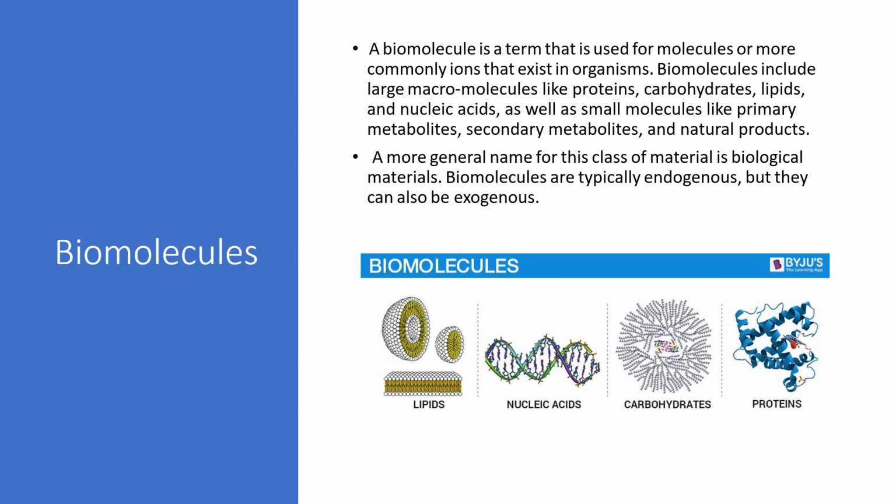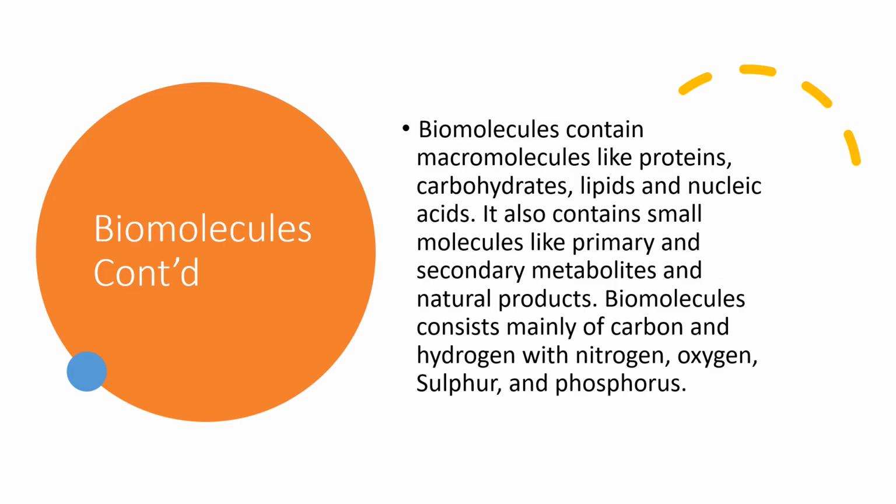A more general name for this class of material is biological materials. Biomolecules are typically endogenous, but they can also be exogenous. Biomolecules contain small molecules like primary and secondary metabolites and natural products, as we stated earlier.